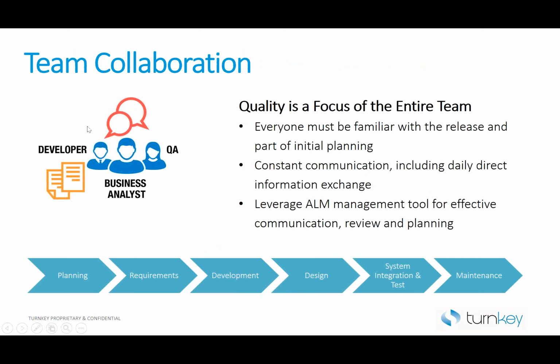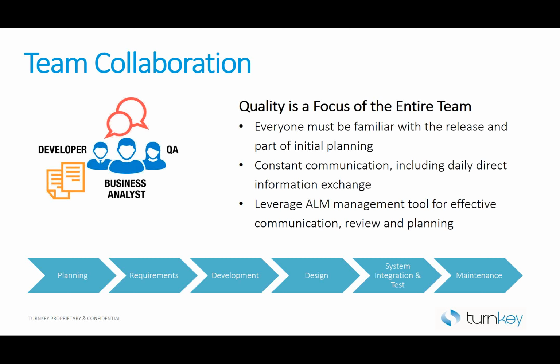So, in order to effectively implement DevOps as part of this process, or modify that process to include DevOps, quality has to be a focus of the entire team. It's no longer the QA team's sole responsibility at the end of a process, but rather, as we mentioned, it's integrated in. So it includes a developer, includes the BAs, and includes, of course, the QA team, which doesn't go away.